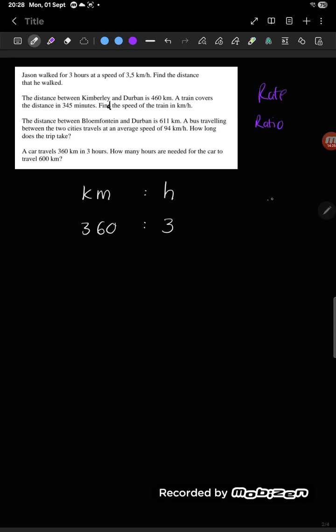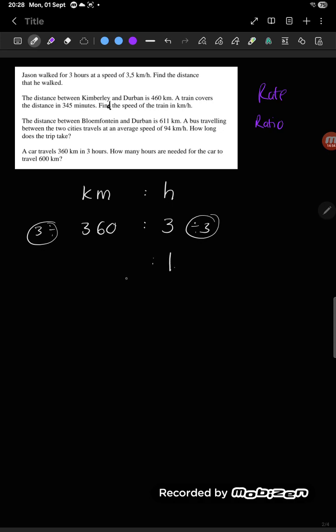So just like if I've got, let's say 4 over 8, I'm going to divide both the top and the bottom by 4, and I'm going to get a half. In the same way, I'm going to divide by, you've got it, 3. So divide by 3 both sides.